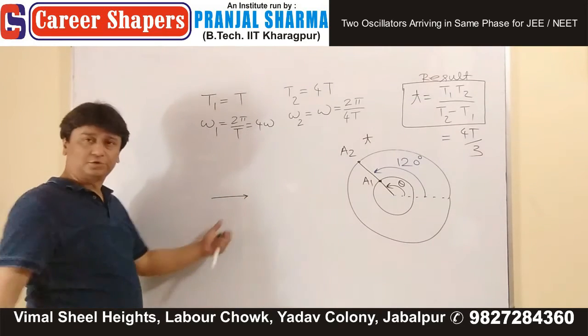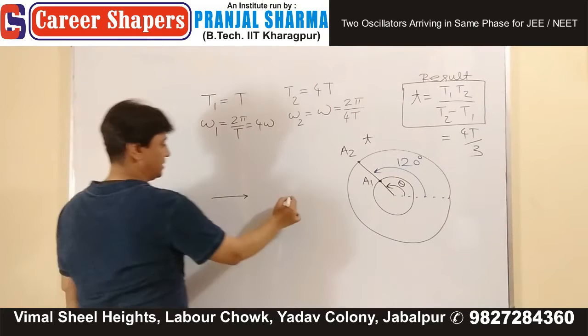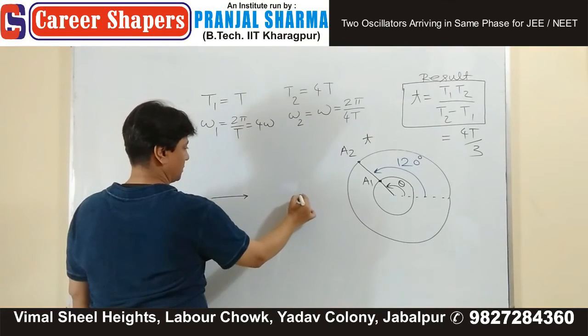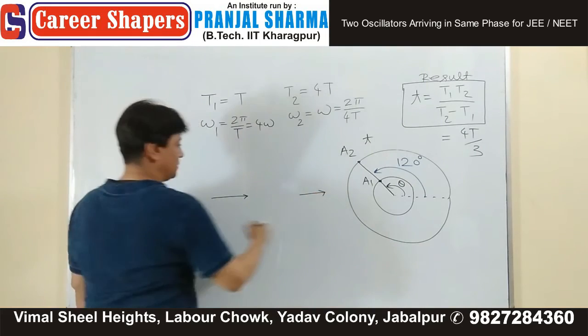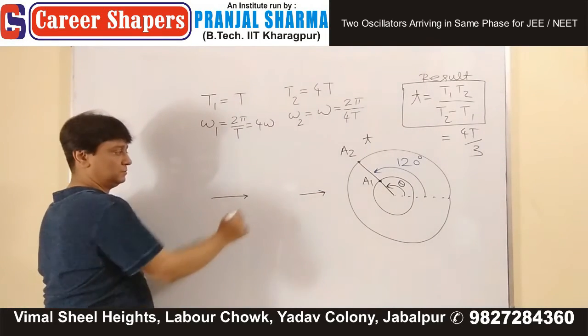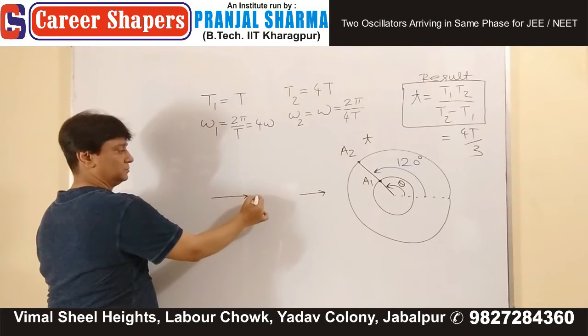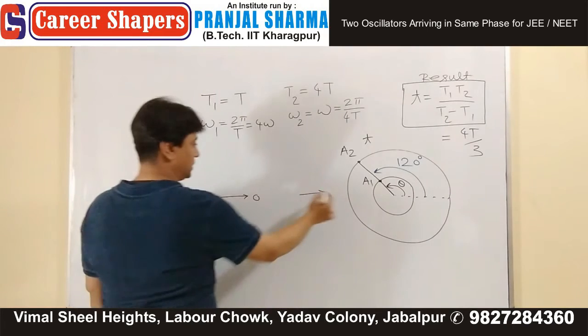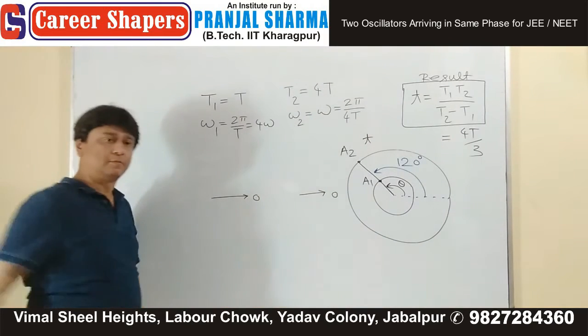Let's draw these two rods separately. This is the initial moment, T0. I'm just writing 0. Remember, this is the time T0.